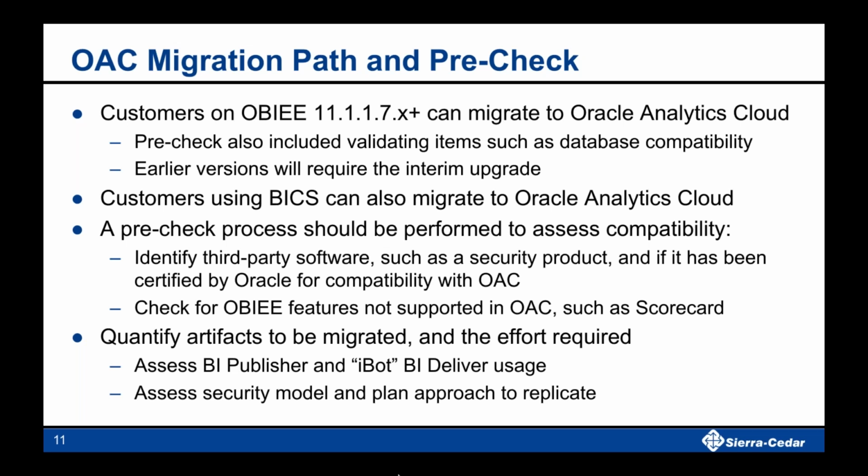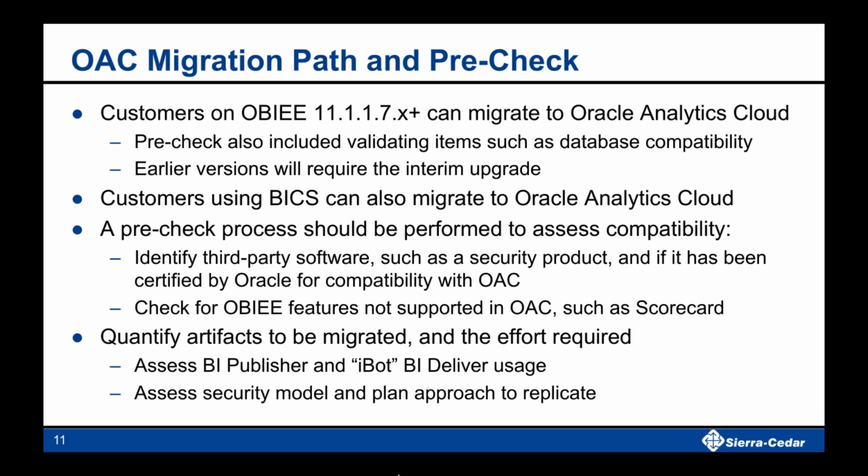Unfortunately, the same migration tool doesn't work on previous versions. So if you are on OBIEE 10g or OBIEE 11.1.1.5, you have to consider an interim upgrade on-premise. You have to migrate to 11.1.1.7 on-premise, and then use this migration utility to migrate your content to Oracle Analytics Cloud BI.